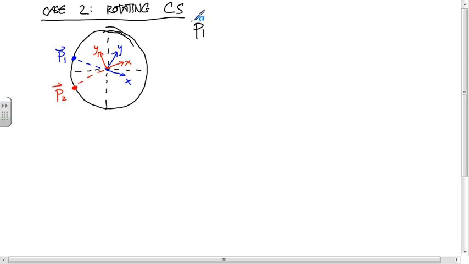Well, P1 is just in the negative x direction of that blue coordinate system. So we have negative 10, 0. And P2, even though the point has moved, the coordinate system is rotated. So P2 ends up being the same thing, negative x direction, 10 meters.